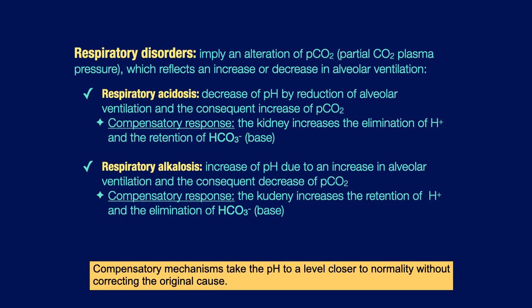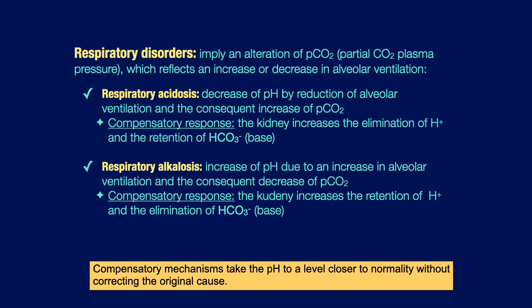In respiratory disorders, then, there is an impairment of respiration, so there is an alteration of the partial pressure of CO2, which is going to reflect as an increase or decrease in alveolar ventilation.